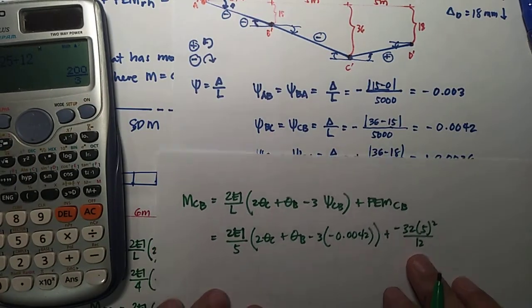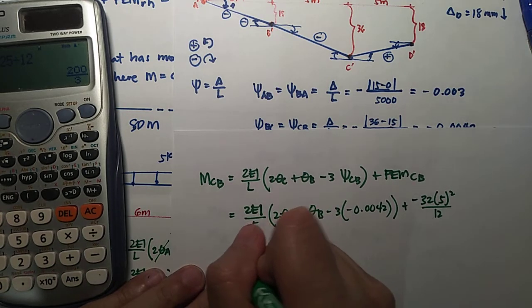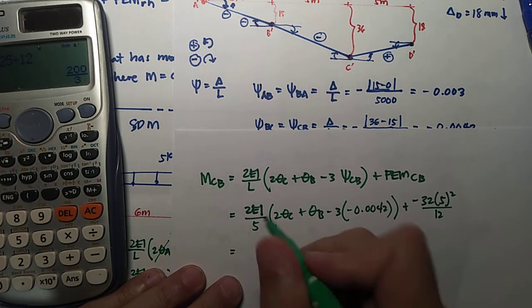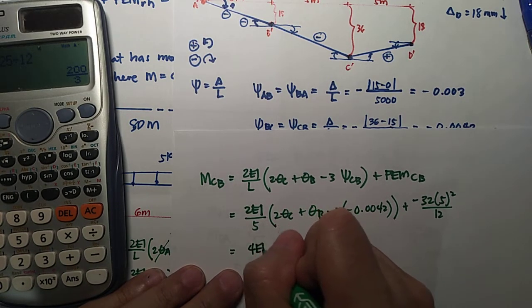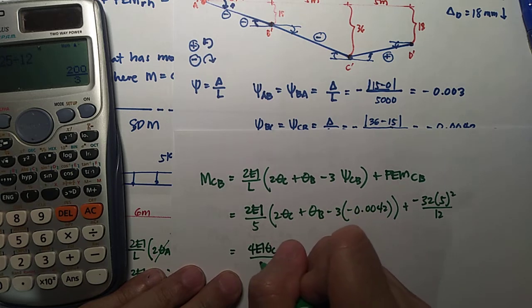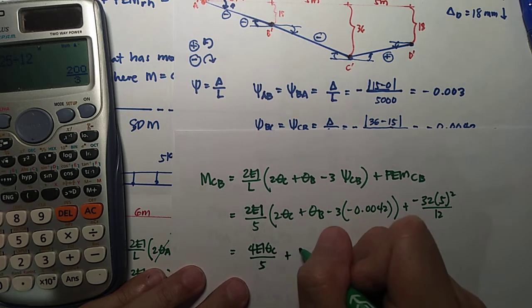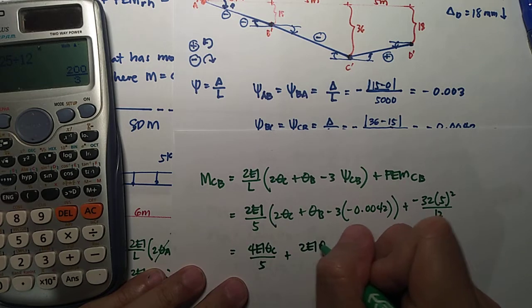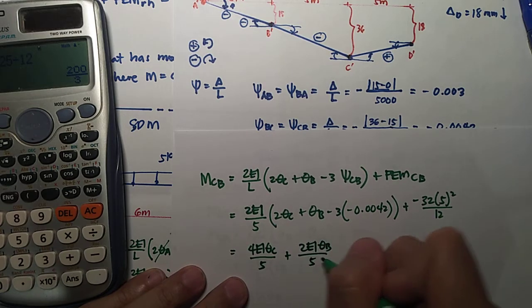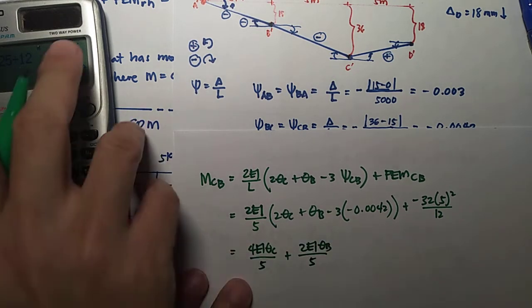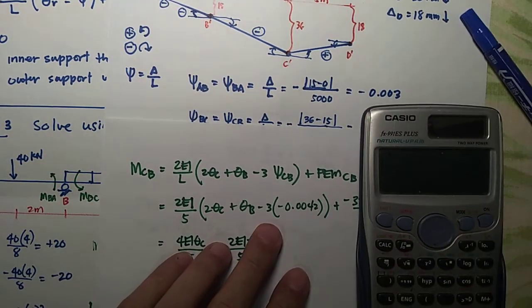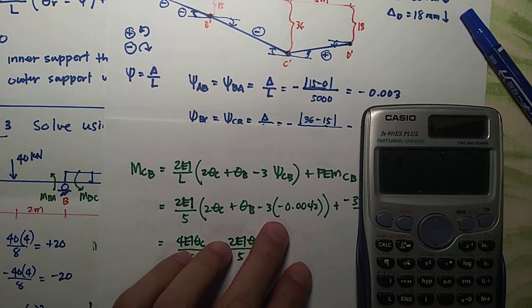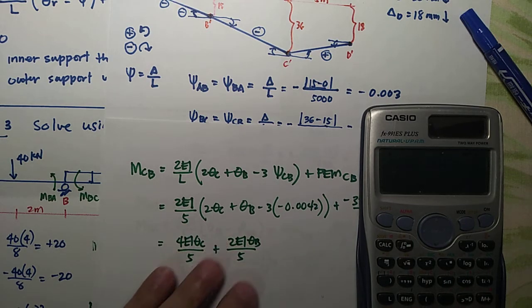Okay? So simplifying this one, this would be 2 times 2 is 4. 4EI theta C over 5 plus 2EI theta B over 5. Tapos ito naman, 2 over 5 times 3 times 0.0042.